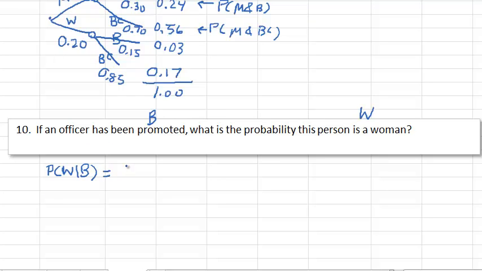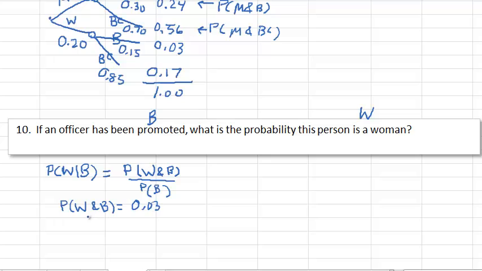So now we can write this as P of W and B, divided by the probability of promotion, P of B. Well, let's take a look. P of W and B is right here, 0.03.